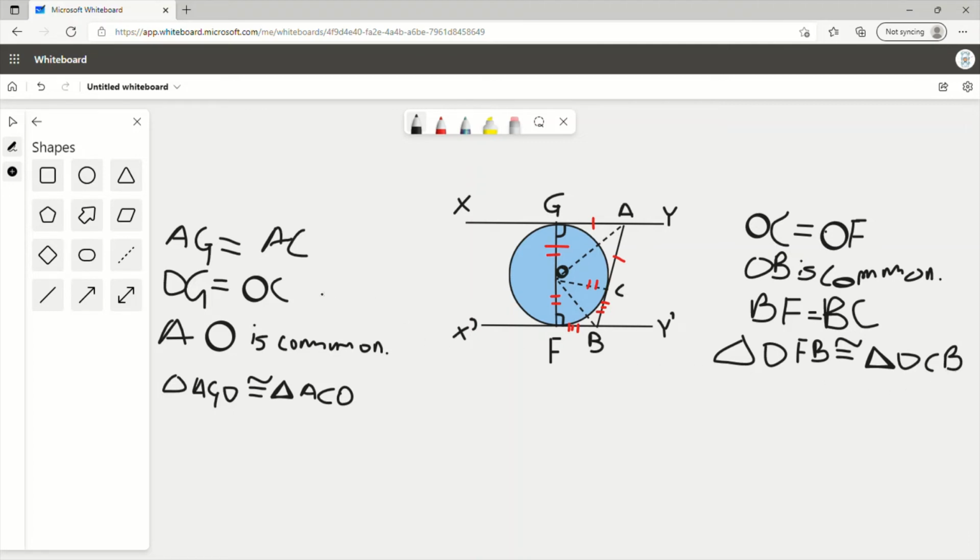And now we'll have to do the CPCT thing.